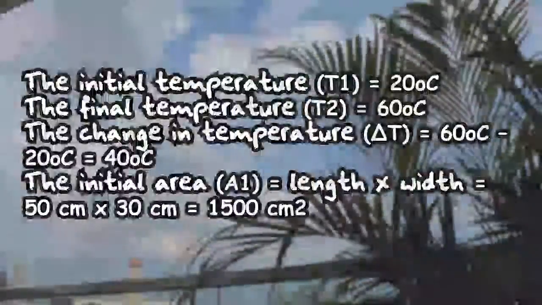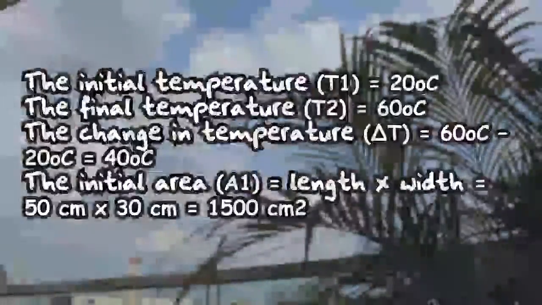In getting the area of a rectangle, we multiply its length and width. 50 cm times 30 cm is equal to 1,500 cm squared, which would be our initial area.